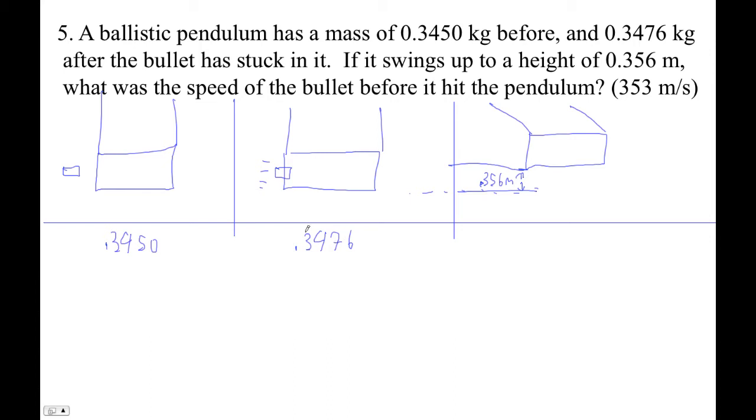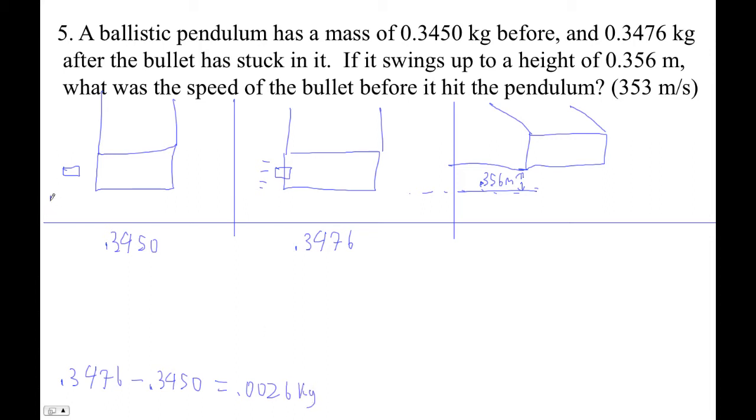So the first thing I'm going to do, and I'll do this for you, is subtract that: 0.3476 minus 0.3450 is 0.0026. Now, I think you know how to do the rest of this.